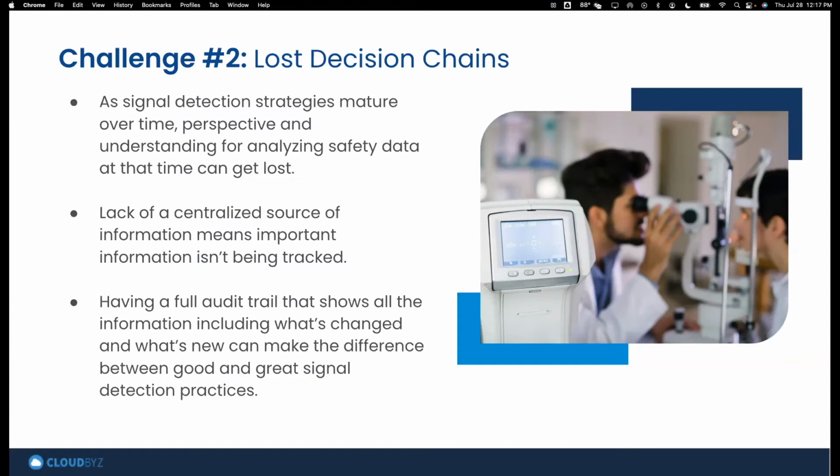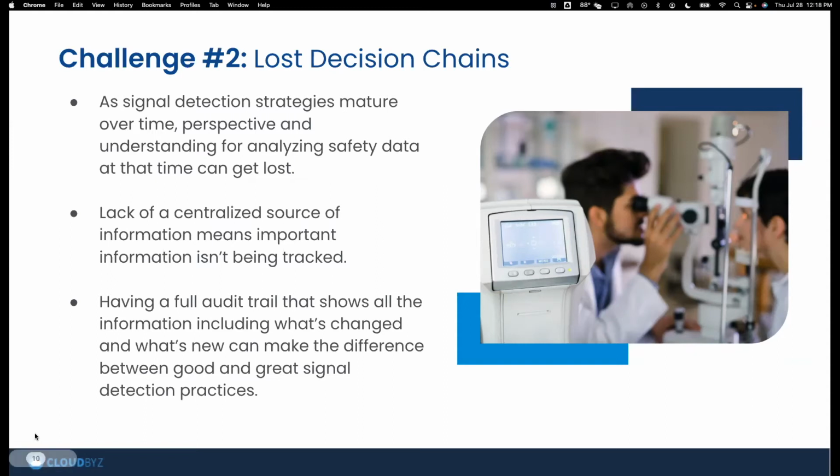It's best practice to have all the information around your signal detection practice kept in a single centralized location that everybody has access to, not just in an email, not just in some SharePoint or somewhere else. It should be in a place that's accessible to all your key stakeholders and all your key end users. So lost decision chains can be a real challenge, and are one of those things that you don't really think about until it happens to you.